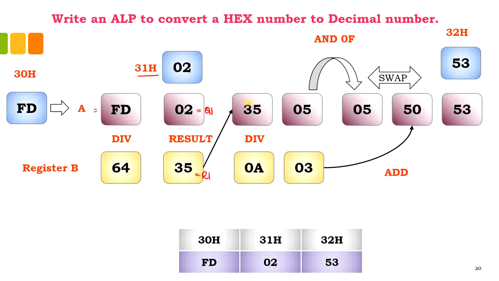So this will be moved to the accumulator and that has to be divided by 0A, which is equivalent to 10 in decimal. So 0A has to be moved to the B register. When you perform the division, the accumulator will now have the quotient 5 and the B register will have the remainder 3.